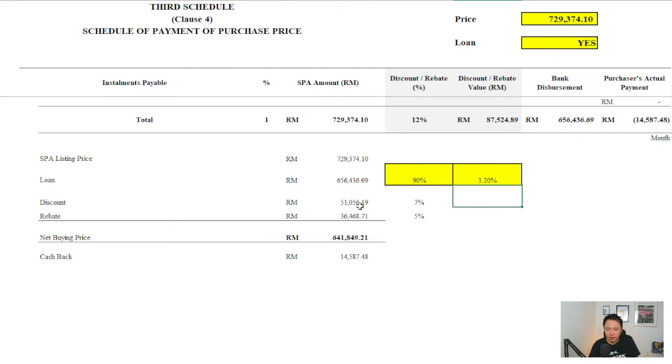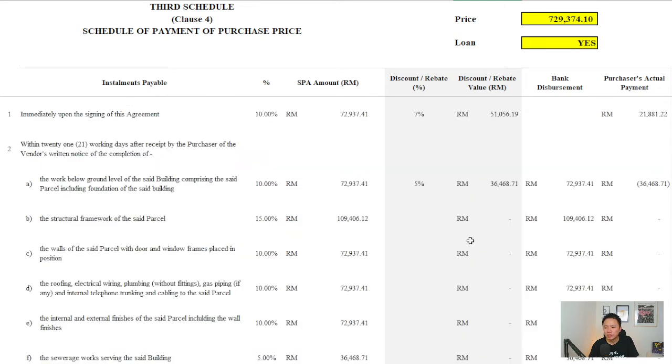The SPA, your net purchase price is 641,000, right? But your loan is 656,000. So you have an excess of 14,000. Supposedly, you need to fork out this much money, right? But because it's excess, you minus off this. Then this one is in excess.